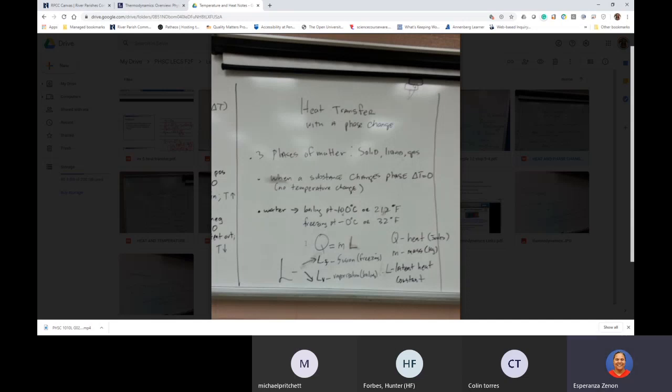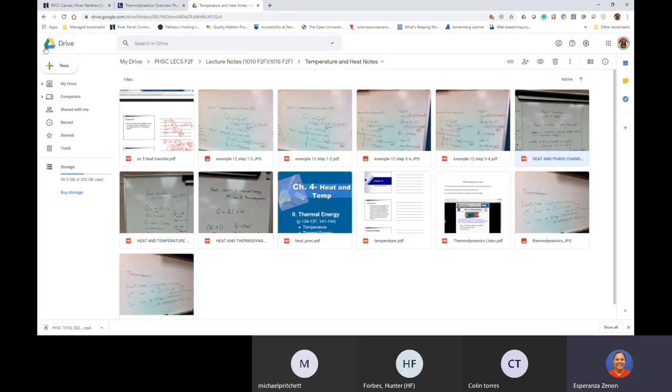And so you have to go to this formula Q equals mL, where you have two possibilities, either LF for freezing point transitions or LV for vapor point transitions. So I summarized that whole heat transfer with a phase change information for you.